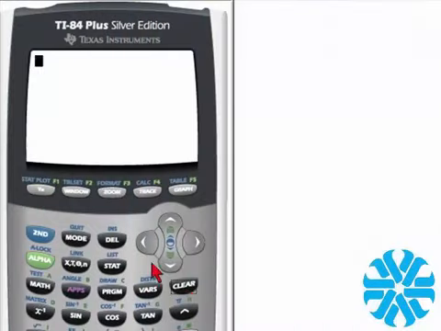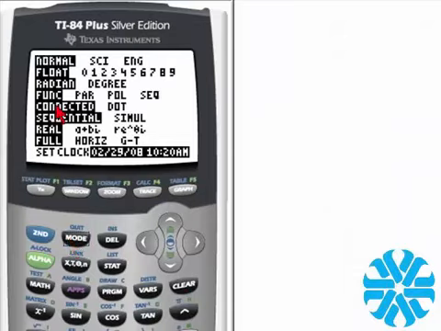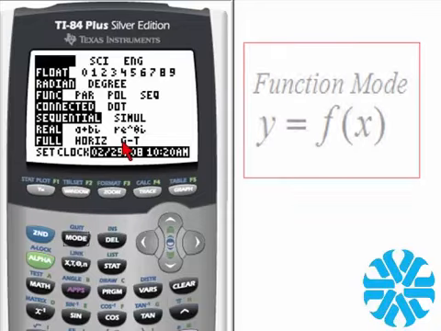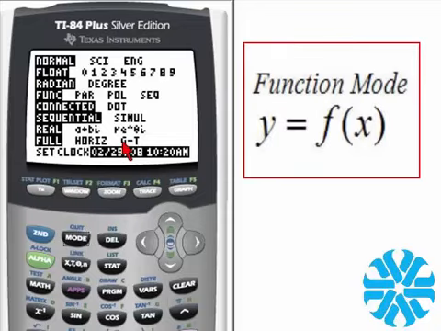Now let's go back into the mode button, and we're going to be talking about the function mode, the parametric mode, and the polar mode. The function mode is the most common mode you will be using because when graphing functions, it uses the standard notation that y is a function of x.